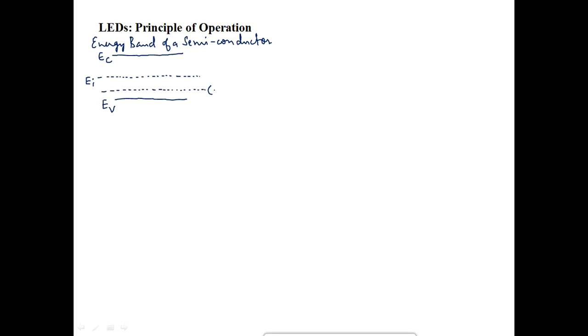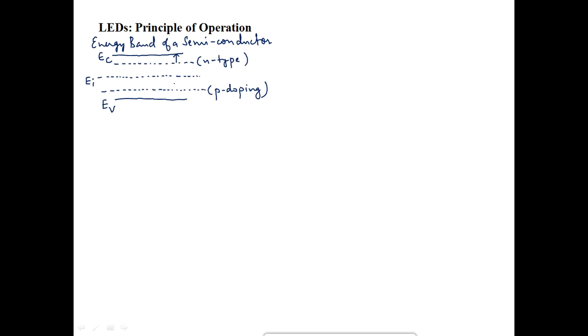Let me write it as p doping. If the same semiconductor is doped with n-type impurities, then the resultant energy level will be very close to the conduction level, so this will be n-type doping. That is the usual concept with respect to the energy levels, especially for a semiconductor.